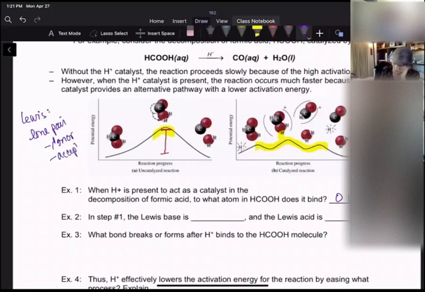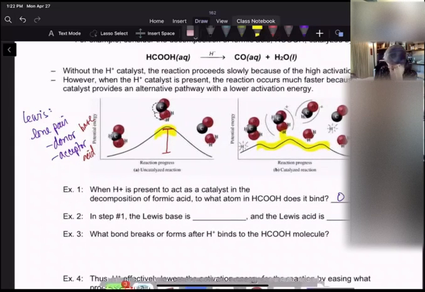So the donor is the base, and the acceptor is the acid. Because I usually work with Bronsted-Lowry acid bases where the acid donates a proton. Yeah. Instead, we look at the lone pair and we look at the bonding electrons. It's accepting those electrons. So yeah, the O on the OH. And then the H plus is accepting that lone pair.